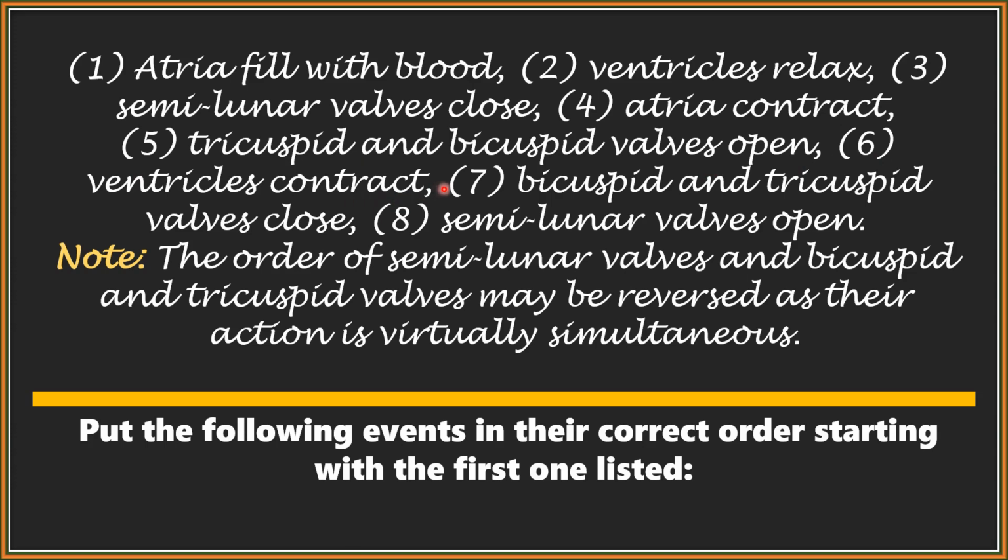Ventricles contract. 7. Bicuspid and tricuspid valves close. 8. Semi-lunar valves open. Note: the order of semi-lunar valves and bicuspid and tricuspid valves may be reversed as their action is virtually simultaneous.